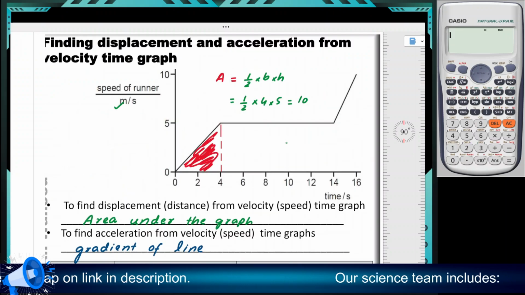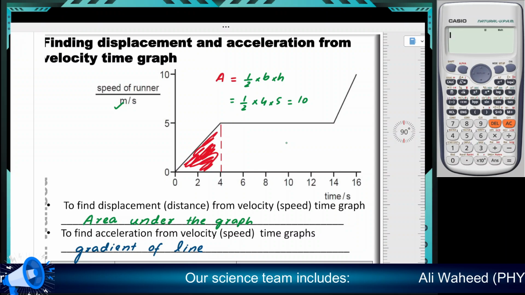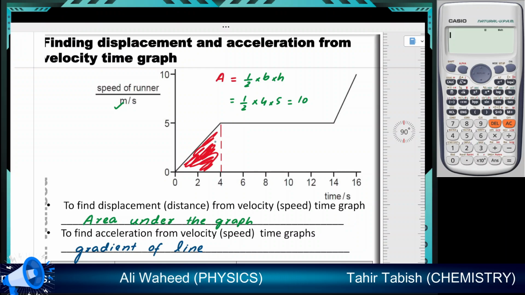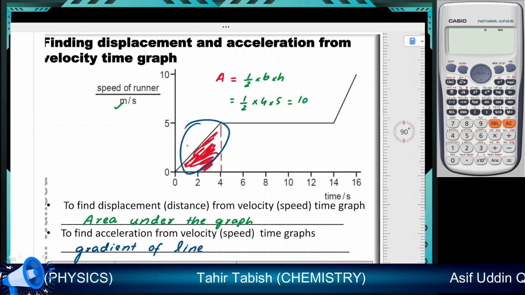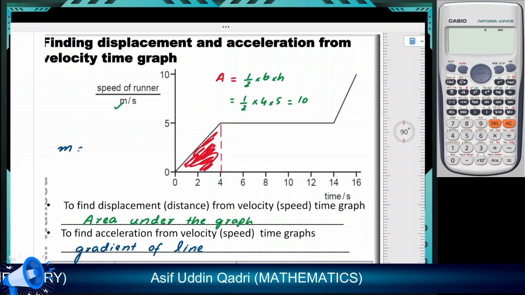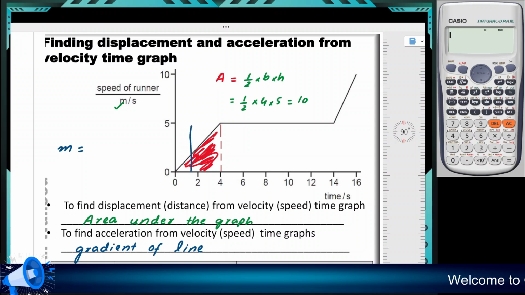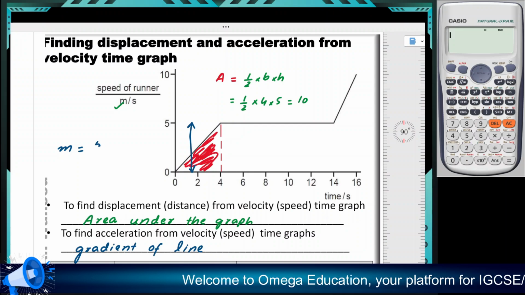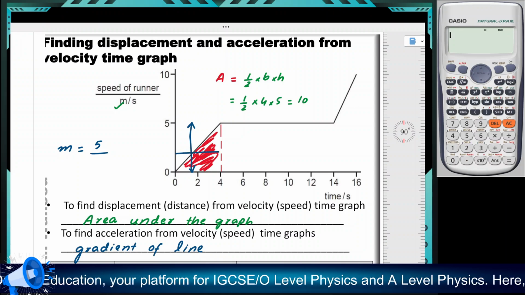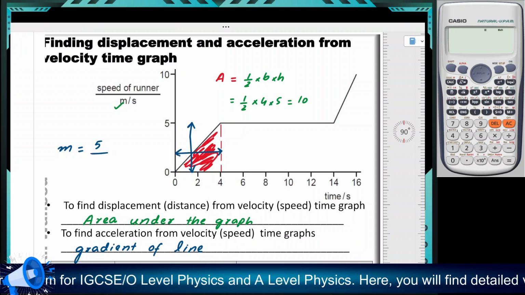Up next, we have to find the gradient. In order to find the gradient, I can use the simpler formula, rise over run. So gradient, represented by m, the symbol for the gradient is m, equals rise over run. What is the rise? Rise means the vertical distance of that line, 5, divided by run. Run means the horizontal distance covered by that line, which is 4.